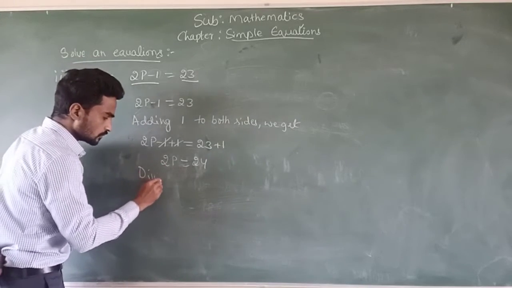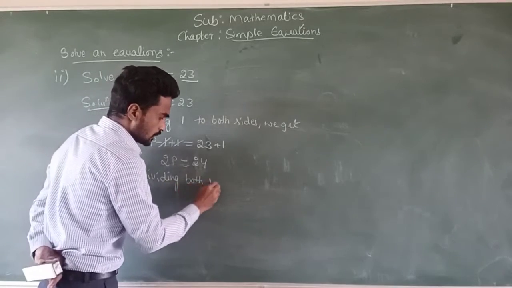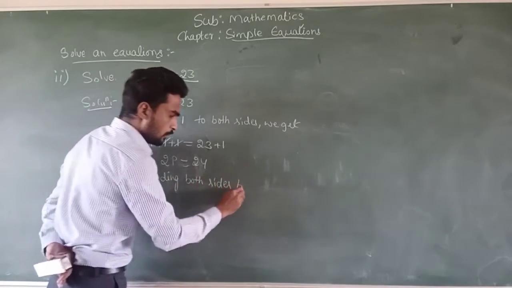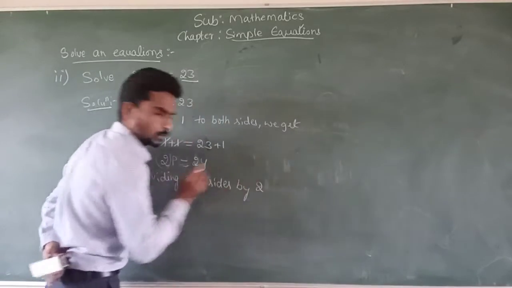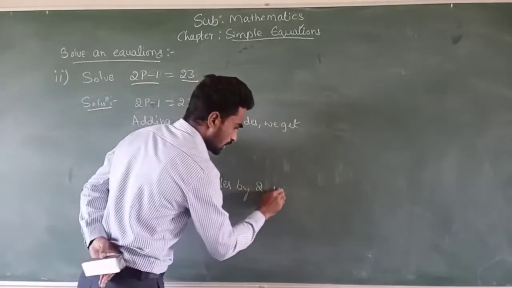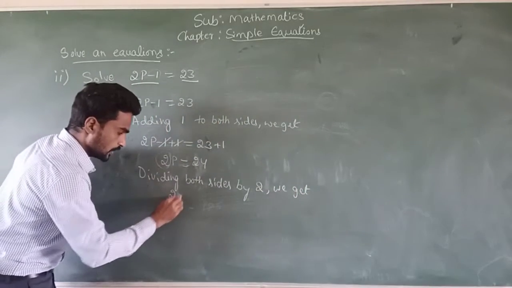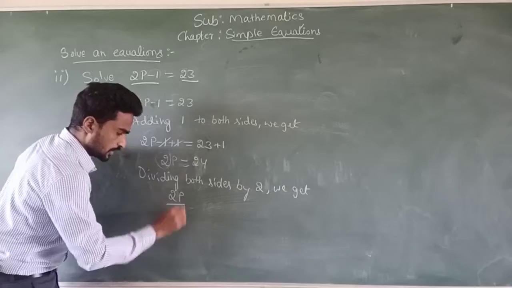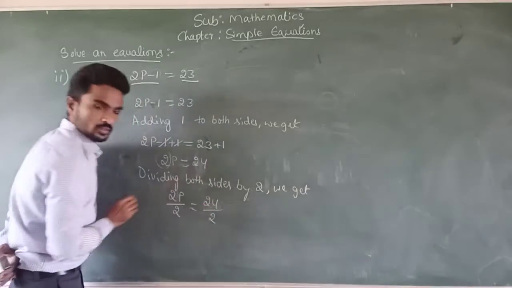Now dividing both sides by the coefficient of p, which is 2, we get 2p divided by 2 is equal to 24 divided by 2.